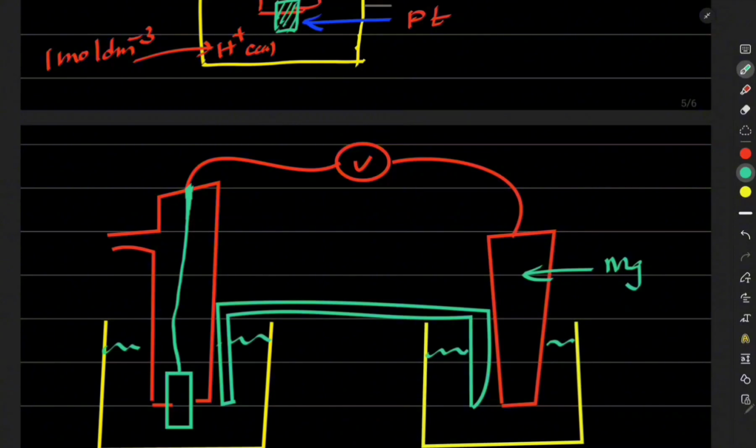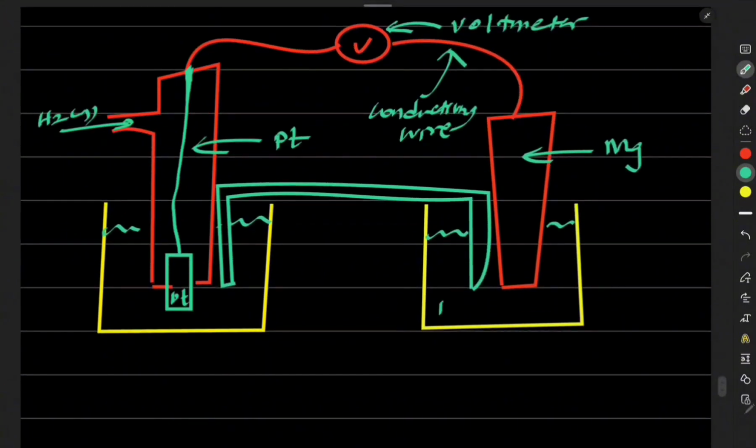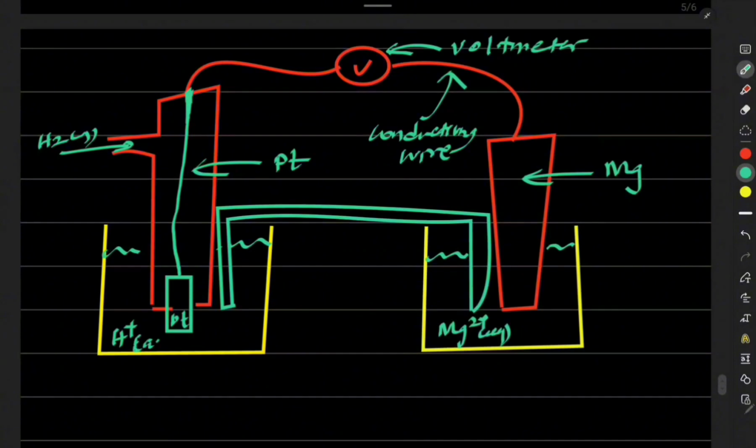These are dipped into the solution, and this is a Pt wire, and these are conducting wires, and here the H2 gas is inserted, and this will be a voltmeter. And in this solution there will be magnesium 2+ ions, and here there will be H+, which is 1 mol dm^-3, and this is the salt bridge.